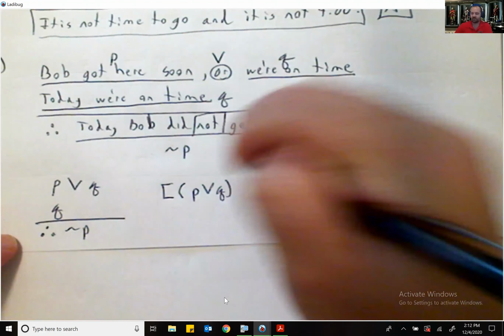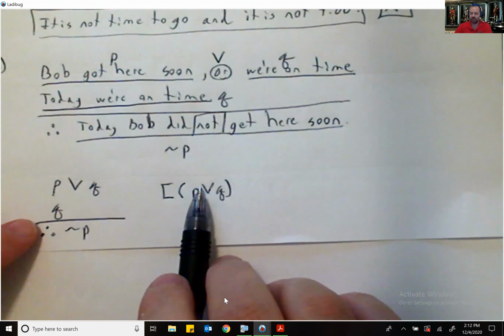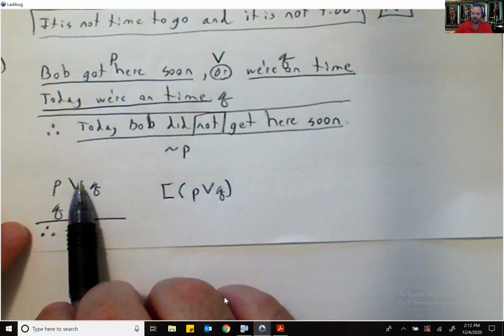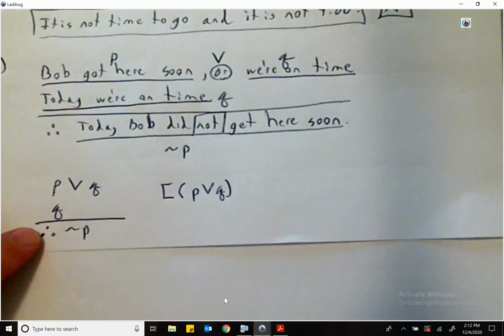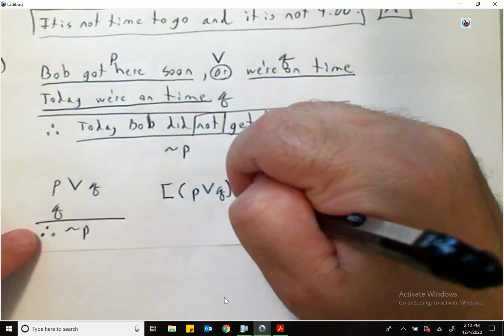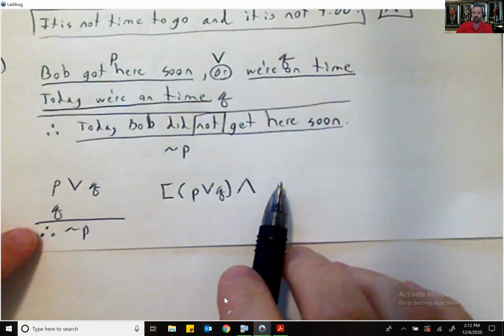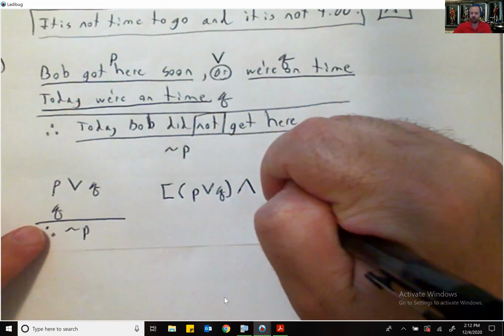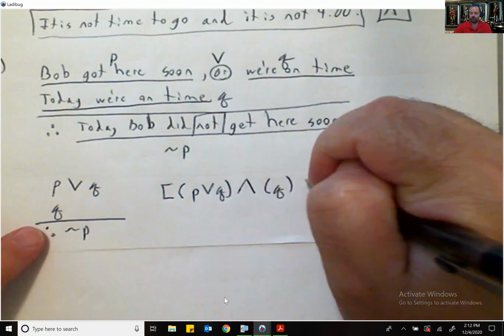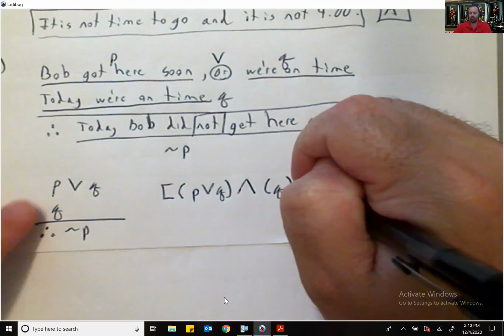Inside our bracket, there's going to be parentheses for each one of these statements. What comes after that? An and. And then our next one is parenthesis, Q, close it. And then we'll end the bracket.